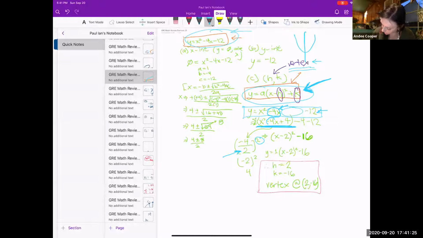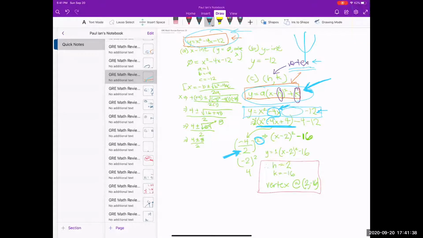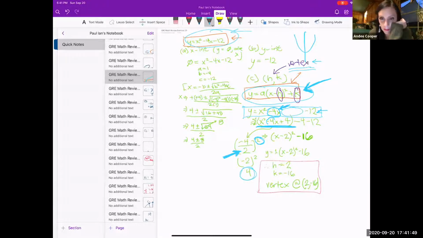Take the coefficient of the x term, divide by 2 and square. For our specific case, you're going to get a 4.